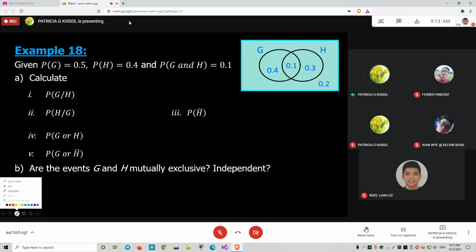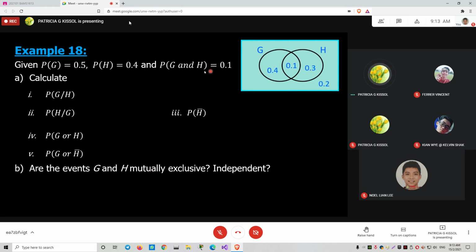Because probability of G is 0.5 and we have 0.1 as the area shared by both G and H, the value enclosing only G is 0.4.